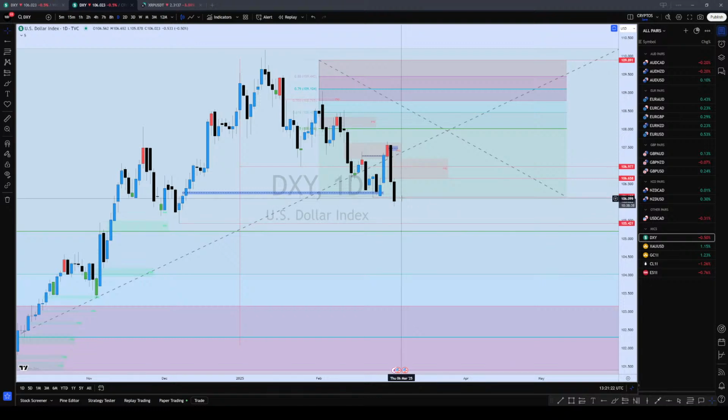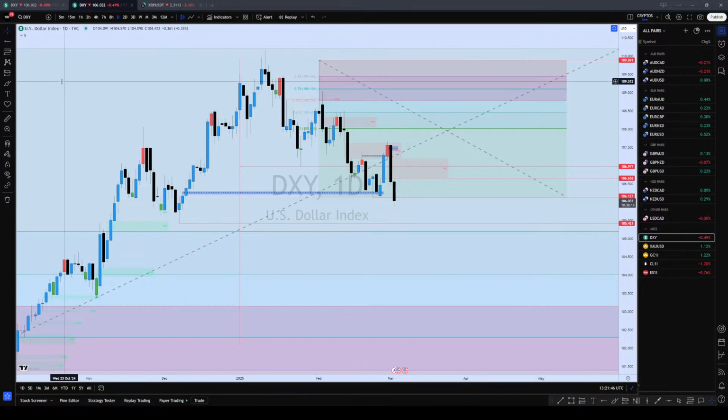Now I would want to see them take out this low before Friday. Okay, because Friday we have NFP, hence I don't want NFP to come and still we have not taken out this low. They might use NFP to take out the low, but I would prefer they take it out before Friday, so that on Friday then price will give us a pullback.